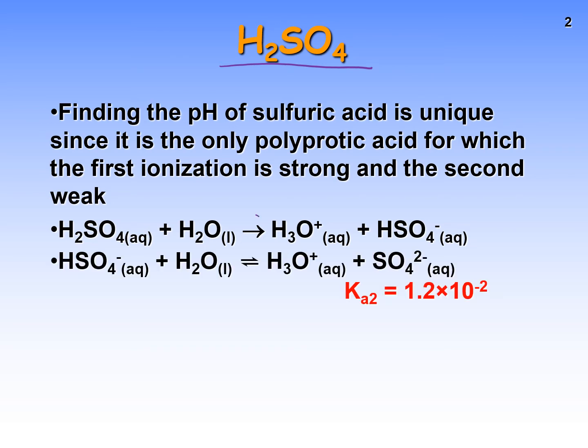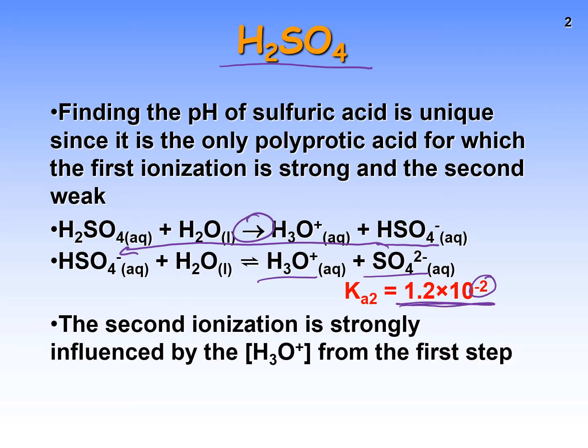Again, make sure you note this is a one-way arrow. The second dissociation, where HSO4- goes on to dissociate again to form H3O+ and sulfate, is a weak acid dissociation. However, if you look at this value here, it's 10 to the negative 2. It's a pretty dang strong weak acid as far as weak acids go.